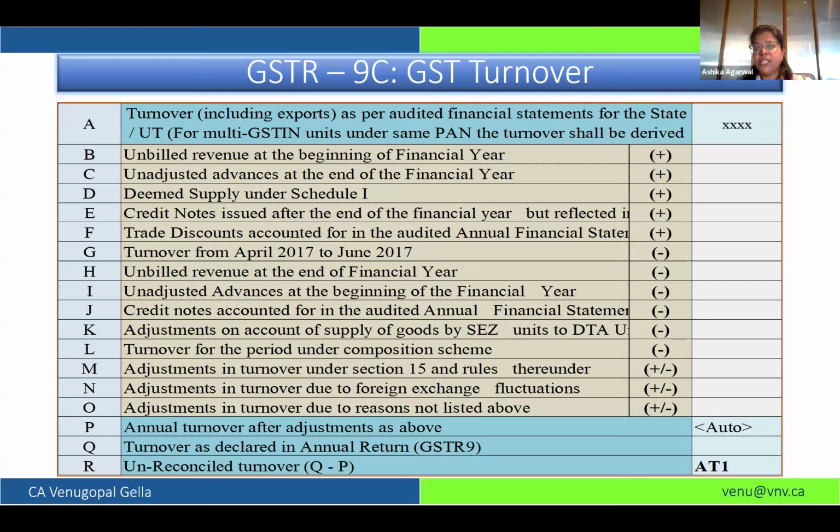It has been 7 years and 7 GSTR-9C have been filed. So they also know what adjustments you are doing. And to avoid litigation, it is always advisable to fill the specific tables applicable to you, instead of opting for the optional field, because it will also give you clarity.